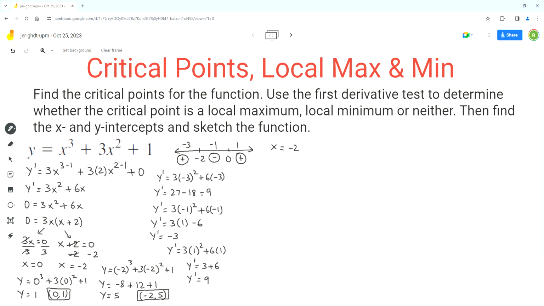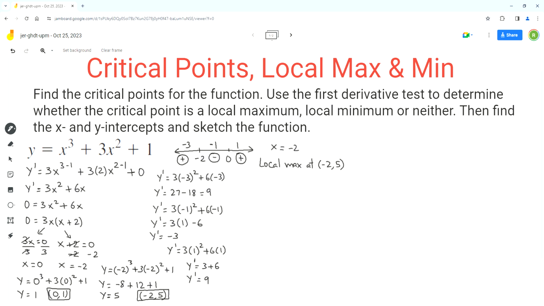But on the right side of x equals -2, y prime is negative, so the function is decreasing. So that means there is a local maximum at -2, 5. So that's the critical point we found.